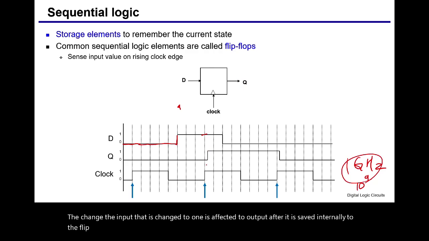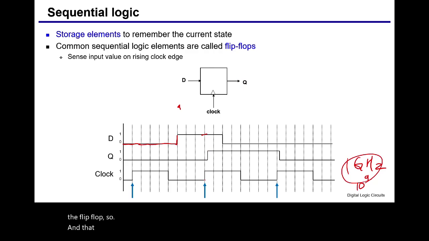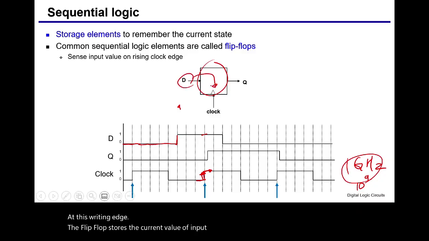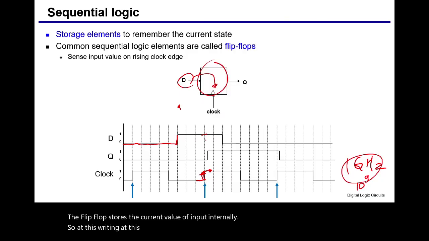And that happens when we have a clock toggle from 0 to 1. At this rising edge, the flip-flop stores the current value of the input internally. So at this rising edge, at this time, the value of the input is 1. So the value of 1 is now stored inside the flip-flop.